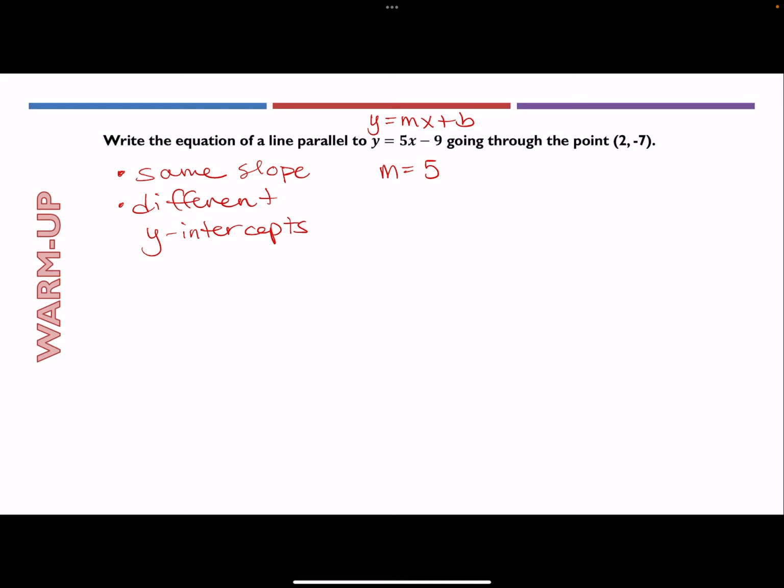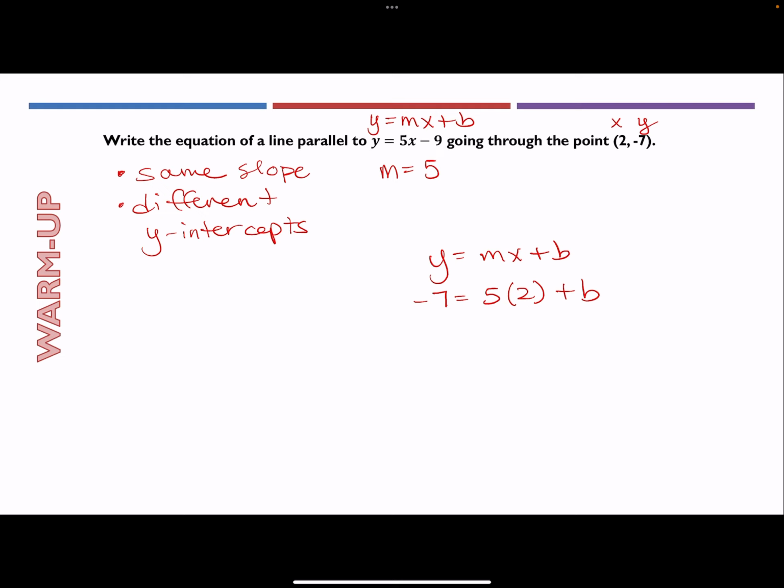But we also know that the line has to go through this point, 2 comma negative 7. And that gives us an x and a y value. So we can plug all this information into y equals mx plus b. So our y value is negative 7, our m value is 5, our x is 2, and we need to find b because we need to find this new y-intercept, right?